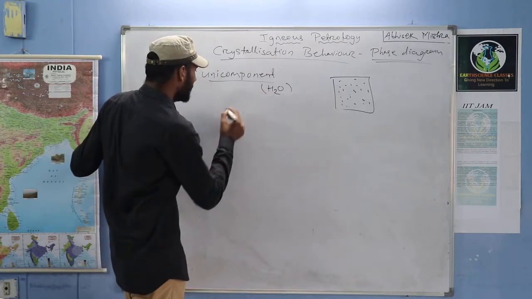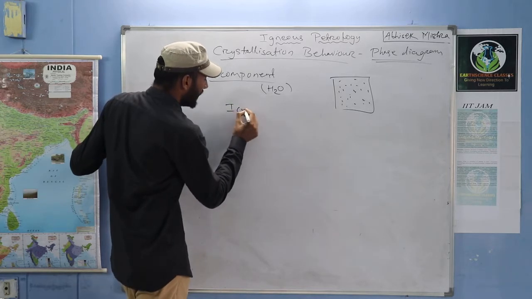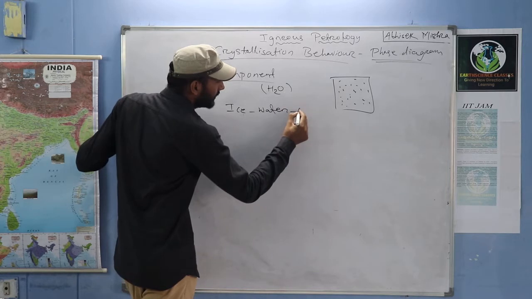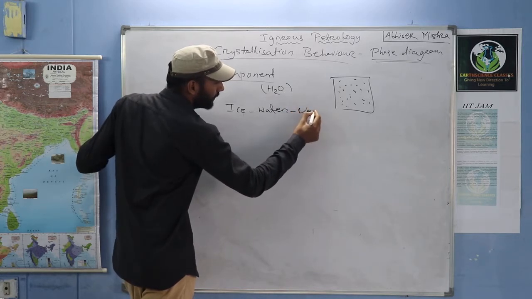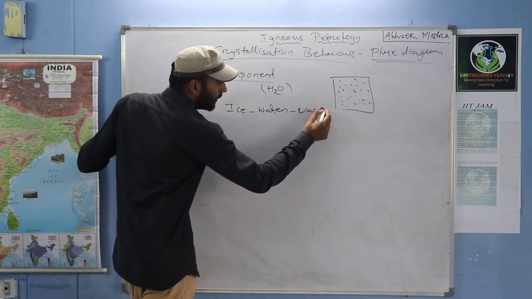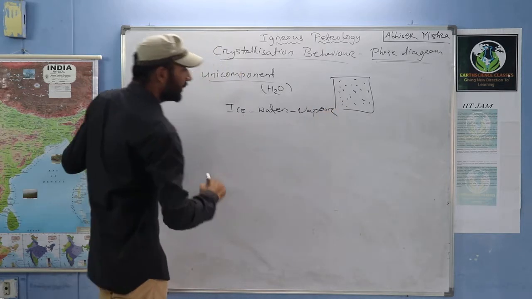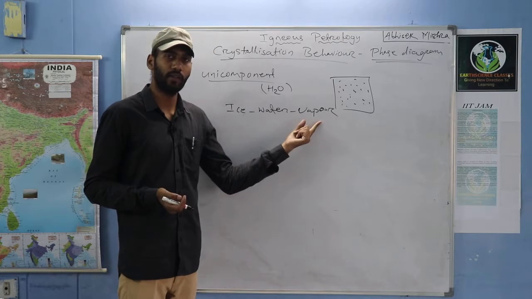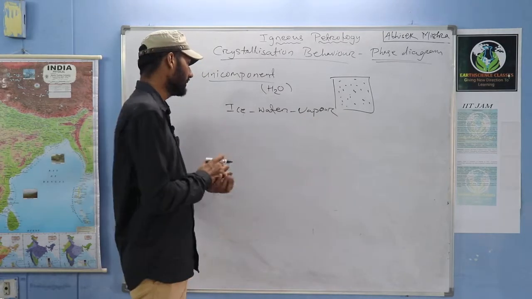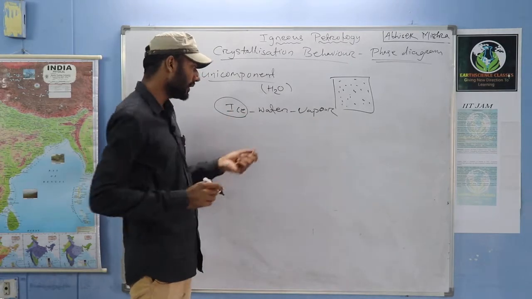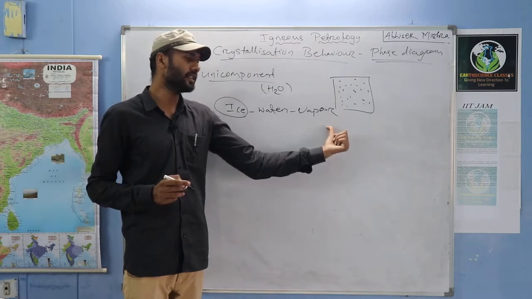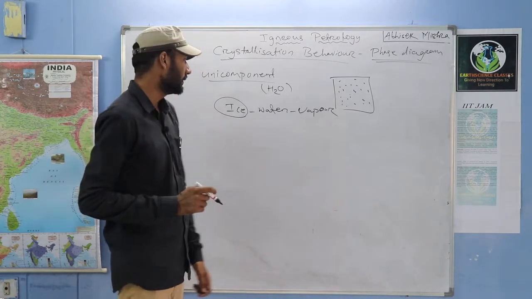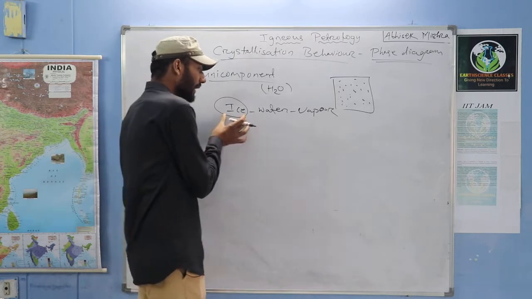But the number of phases can be ice, water and gas or vapor. Ice is at lower temperature. As temperature increases, it turns to water and then turns to vapor. So you can see the phases you can separate.